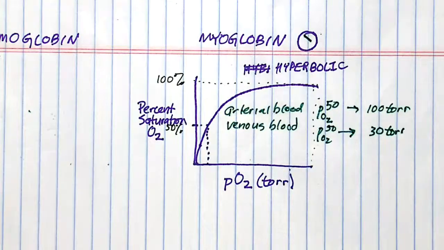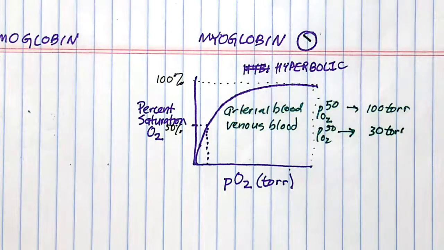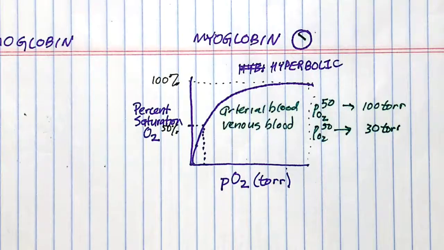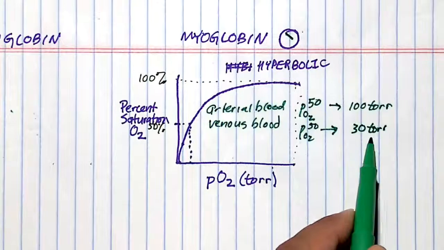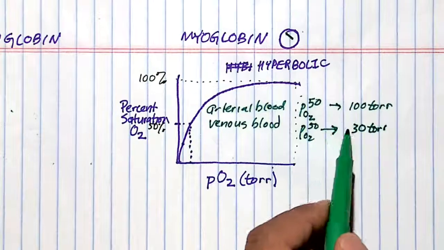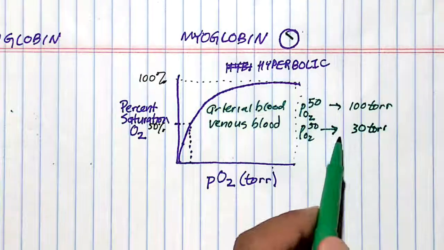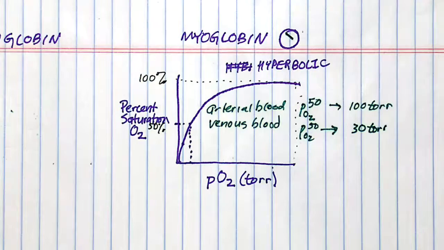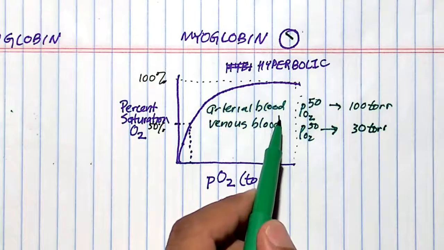I'm not going to go into terrible details about this, but venous blood has a much lower P50 than arterial blood. This means that in venous blood, myoglobin is almost always saturated with oxygen. Probably not the case for arterial blood.